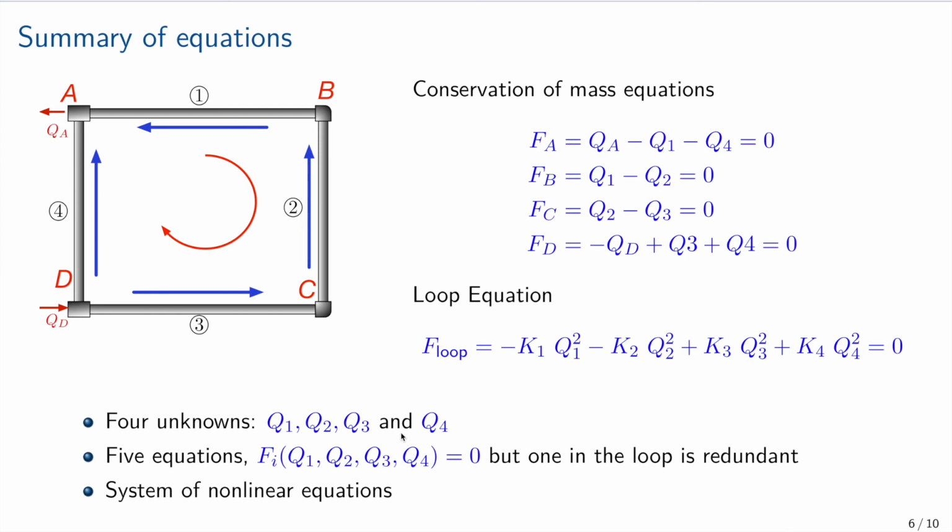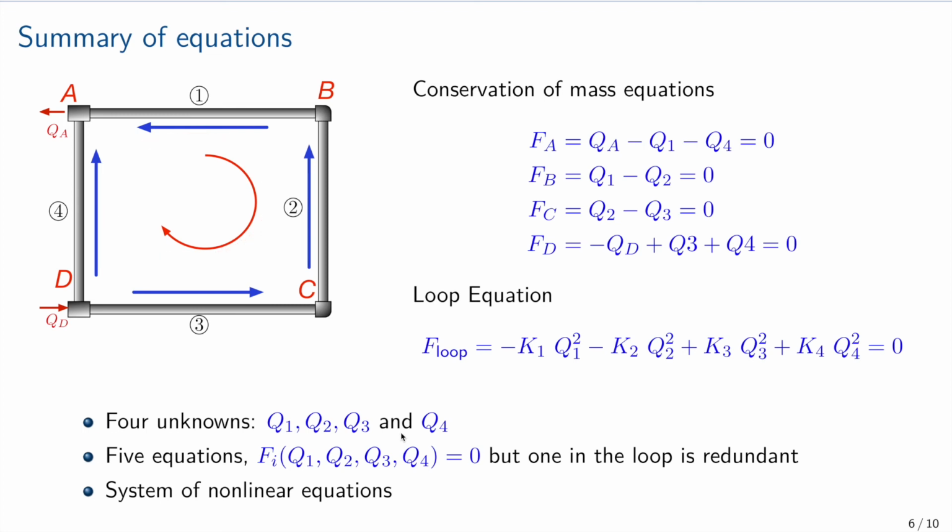Summarizing, in a network we have junctions and we have loops. For every junction, we have a conservation of mass equation, and for every loop, we have a loop equation, which is conservation of energy along the loop.